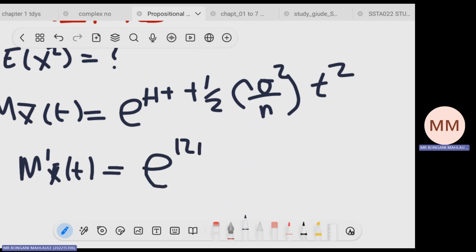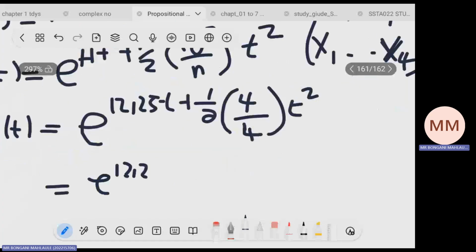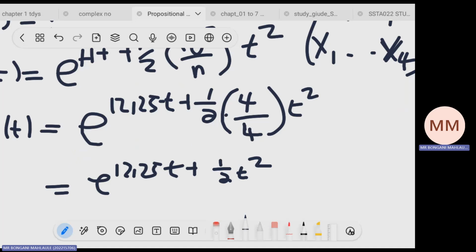Our mean is 12,25 t plus half t squared, and finally you are going to have e to the 12,25 t plus half t squared.